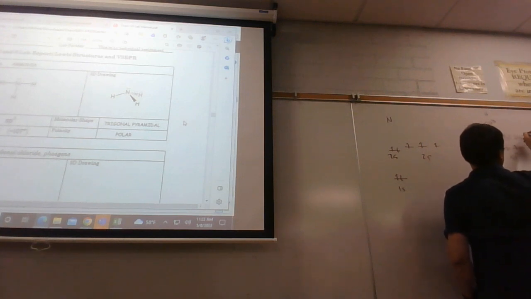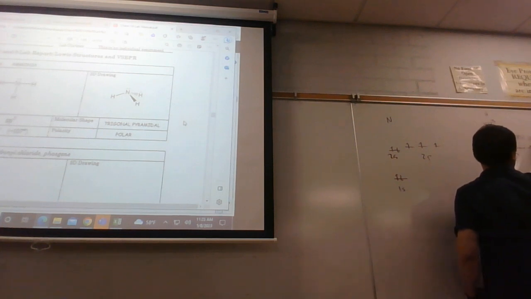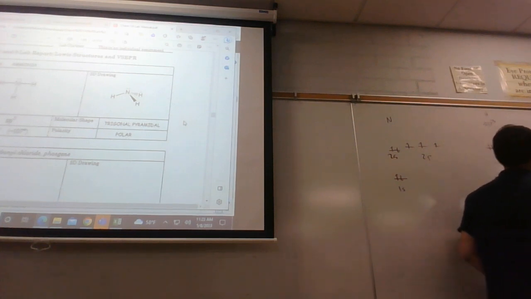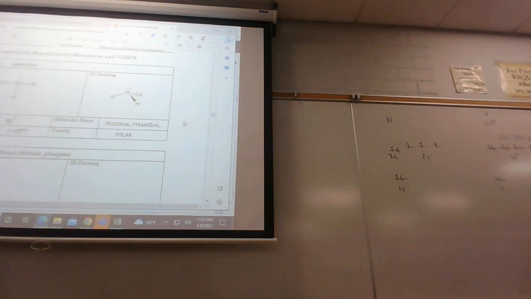And then another hydrogen 1s is going to come in here and bond here. Another hydrogen 1s is going to come in here and bond here. I could show all 3 hydrogens over here, and I could just repeat that 2 times.